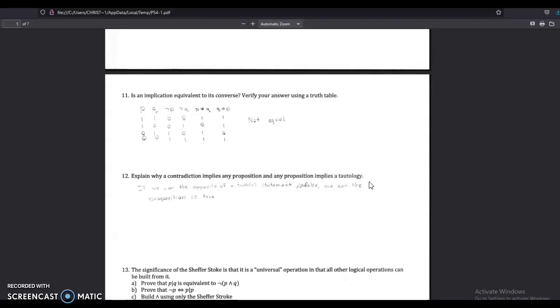We can say that basically a contradiction is similar to how we use them in proofs, where we use counterexamples. Like if P to Q is true, then not P to not Q is going to be true, which is true. So that's how it basically explains the answer.